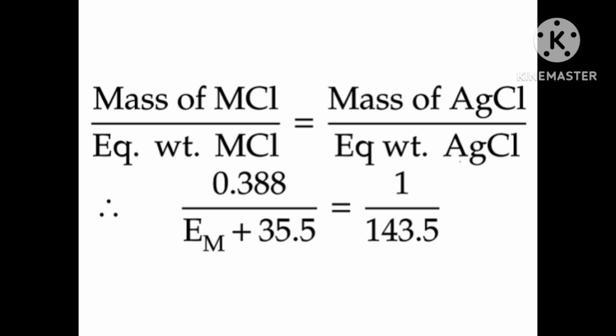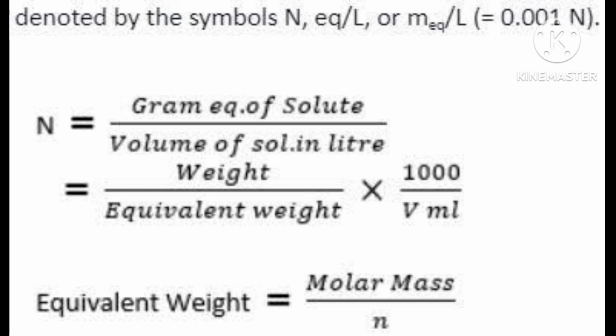Acid and base, two are there. If it is an acid, you know how to calculate: how much acid is required to neutralize 1000 cc of 1N base, meaning solution containing 1 gram equivalent of base. That amount of acid is known as the equivalent weight.